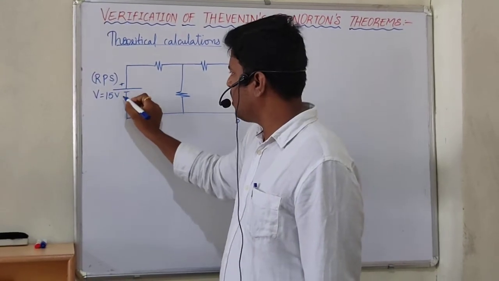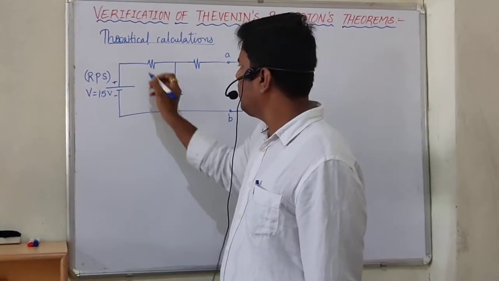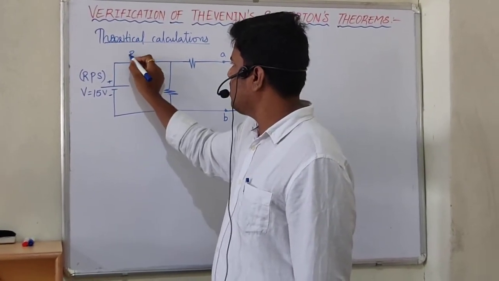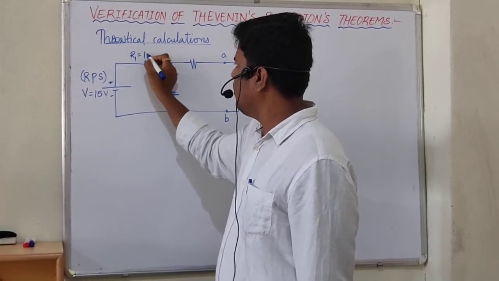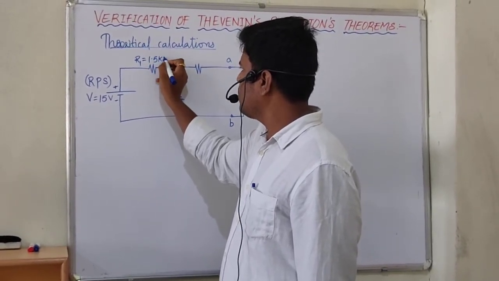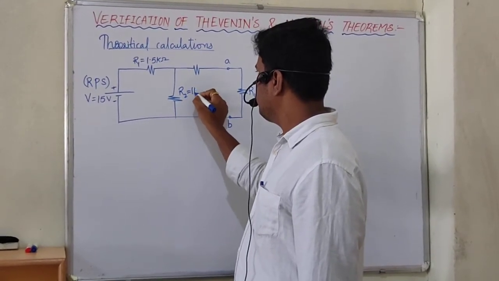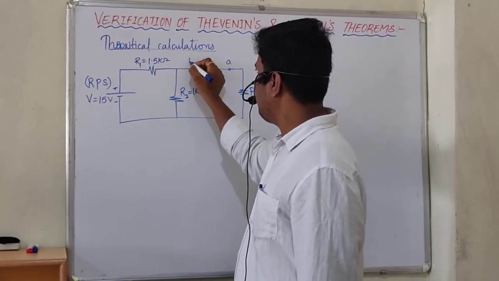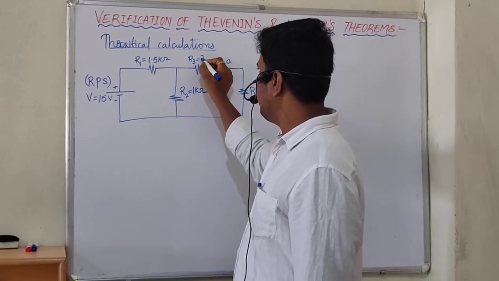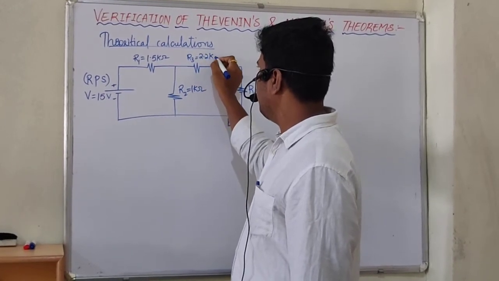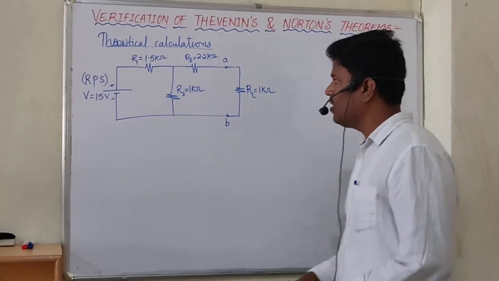This is positive terminal. This is negative terminal. This is R1 resistor. We will take 1.5 kilo ohms. And this is R2. This is 1 kilo ohm. And this is R3. We will take 2.2 kilo ohms, right?